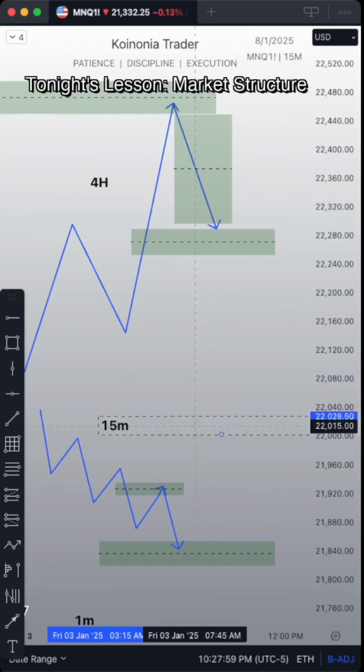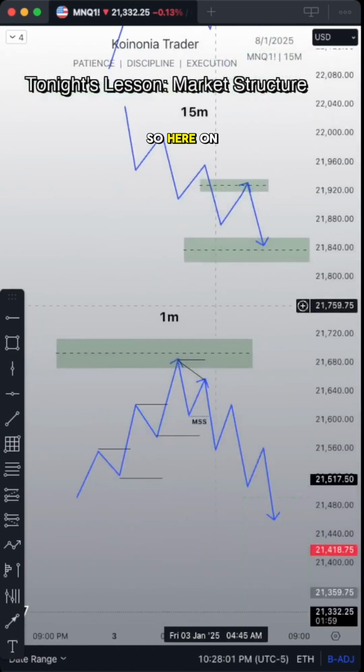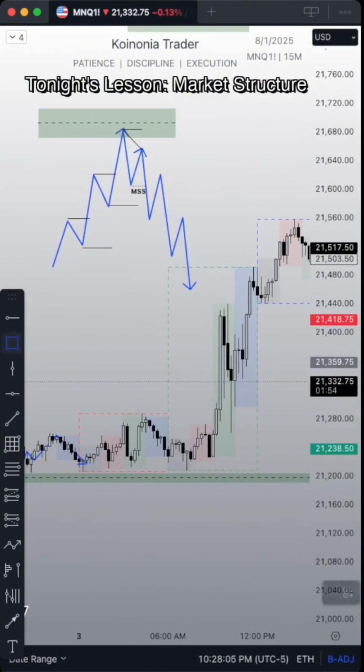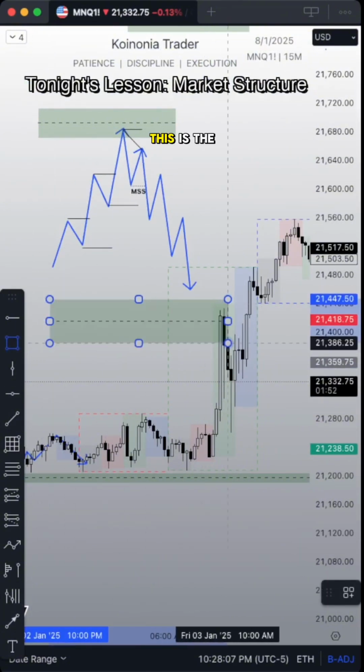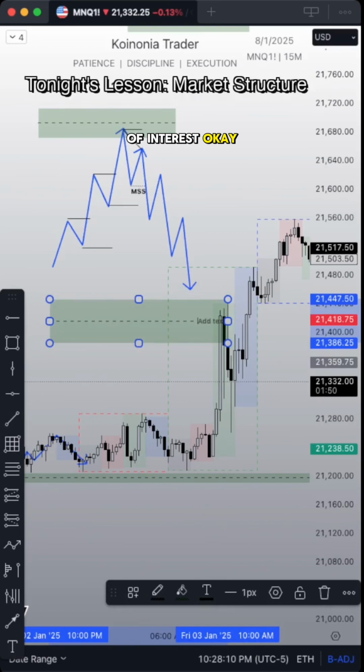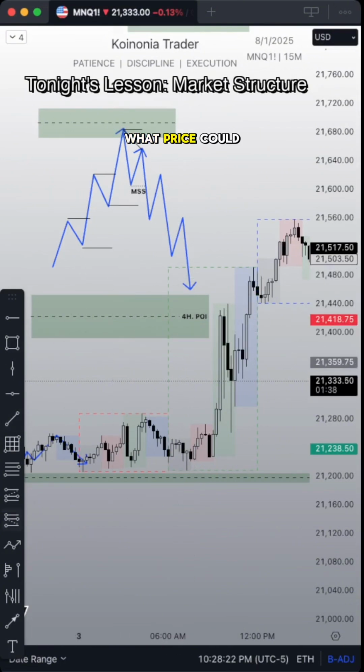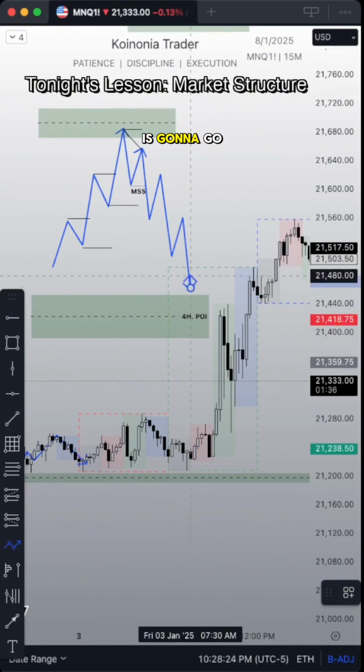All right, so here on the 1 minute, let's say that point of interest is down here. This is the 4 hour point of interest. Okay, all right, that's the 4 hour point of interest. What price could end up doing here in the 1 minute now is going to go up higher, tap into this.